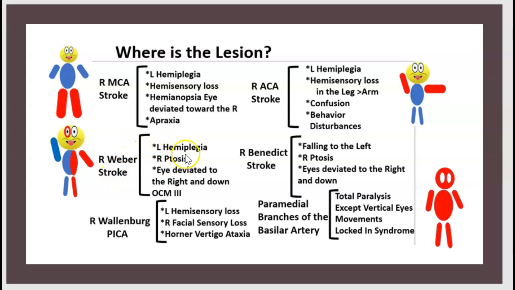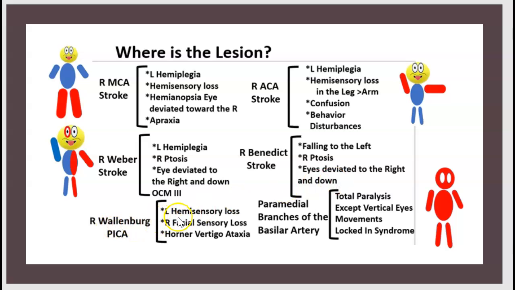Weber stroke: left hemiplegia, right ptosis, eye deviated to right and down, oculomotor palsy. Benedict stroke: falling to the left, right ptosis, eye deviated to the right and down.